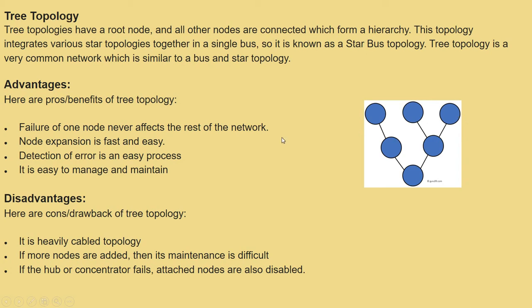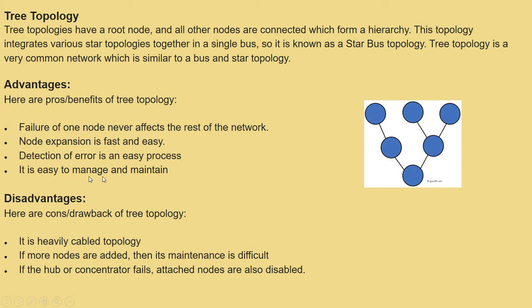And what advantages are we getting from this tree topology? The failure of one node never affects the rest of the nodes. So if one node is disturbed, no problem; other nodes keep on working. Node expansion is fast and easy. Detection of errors is an easy process.